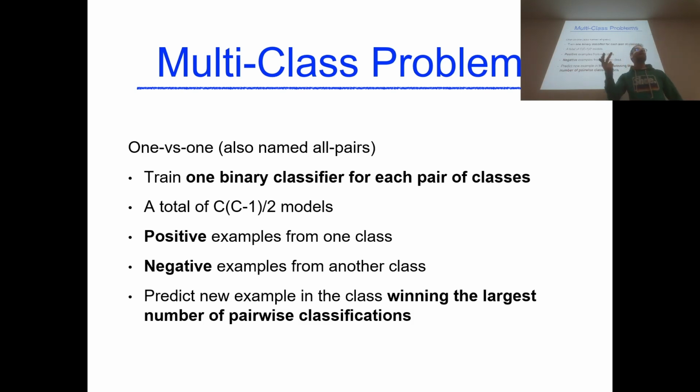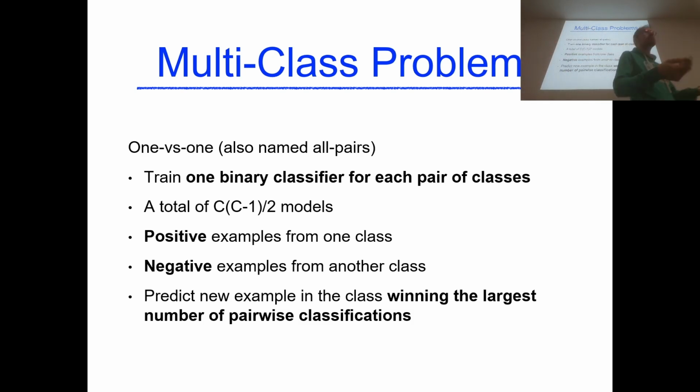So let's say I have 3 classes, class A, B, and C. I train my models, so A versus B, A versus C, B versus C. And then, if I had to predict a new data point, I ask my predictor A versus B, okay, it's A. I ask my predictor A versus C, okay, it's A. Then I choose A, because it won the maximum number of pairwise comparisons.